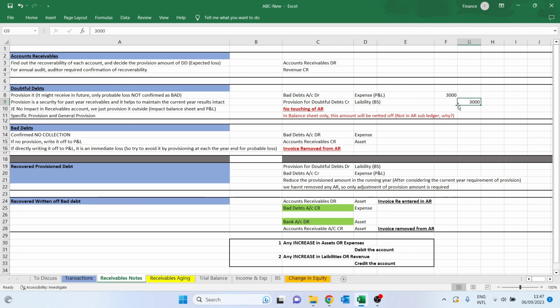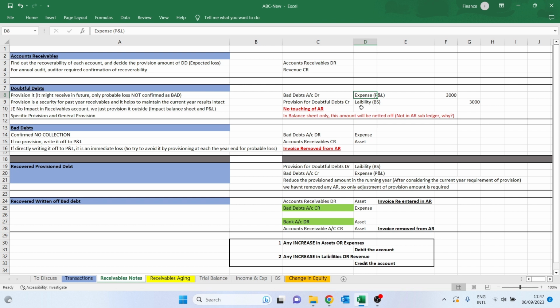So we are just providing for it outside the accounts receivable. This impact only comes in the balance sheet and the profit and loss account, not in the accounts receivable. So this is the provision for bad and doubtful debts.